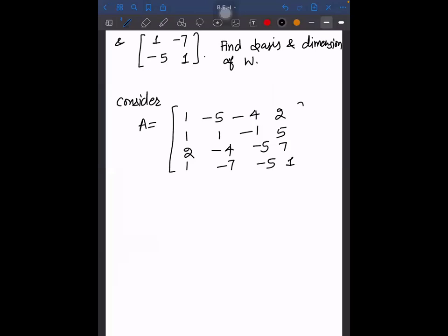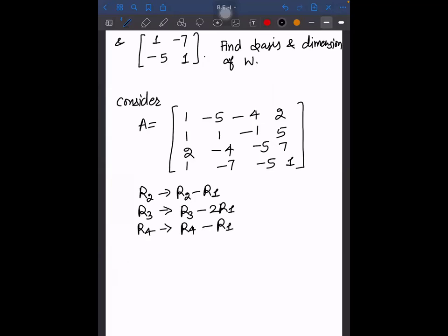So you'll operate in a similar way. Operate R2 minus R1, R3 minus 2 times R1, and R4 minus R1. So we'll get 1, -5, -4, 2. And next, you subtract: 0, 6, 3, 3.